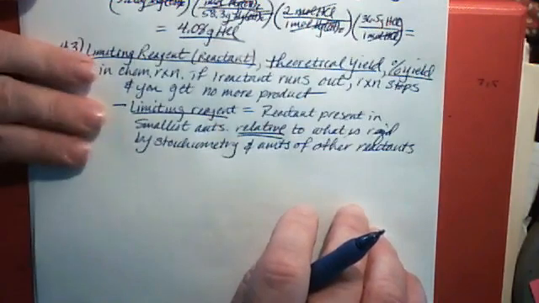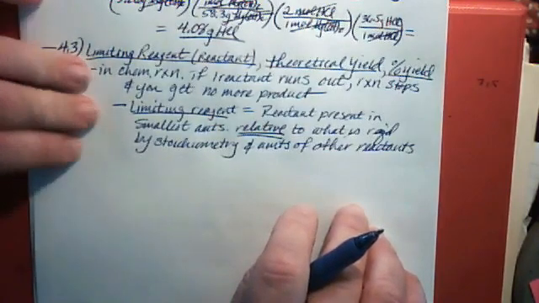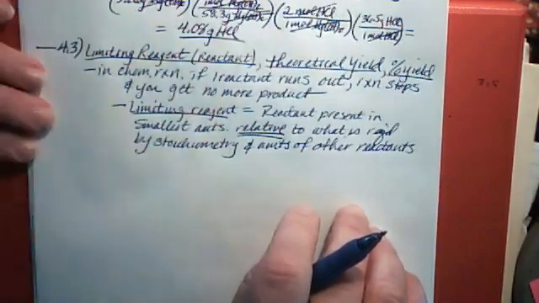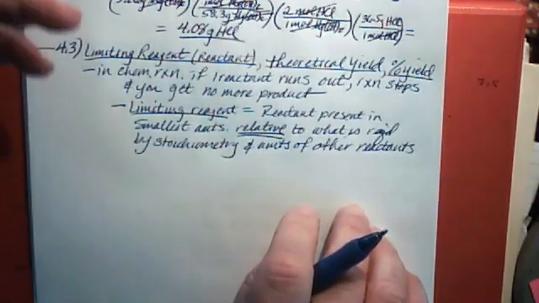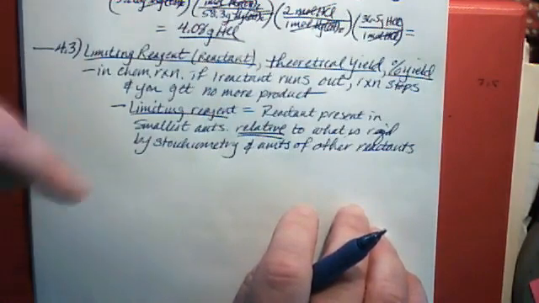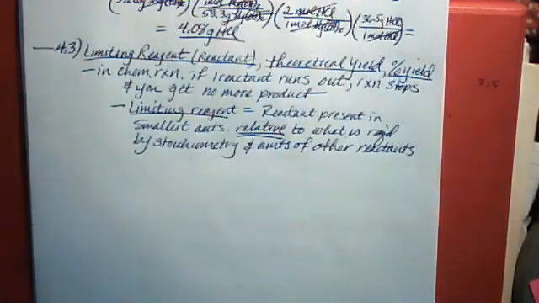And also, how many moles of the substance do you need according to the balanced equation? You could have a whole lot of moles of the substance, but if you don't have as many as the reaction requires relative to the other reactants, then that's the limiting reagent.